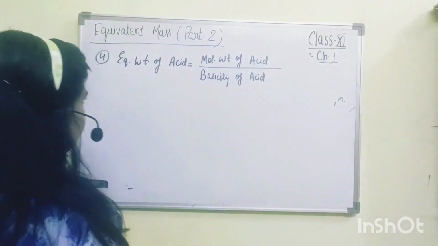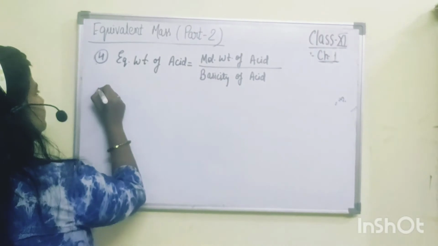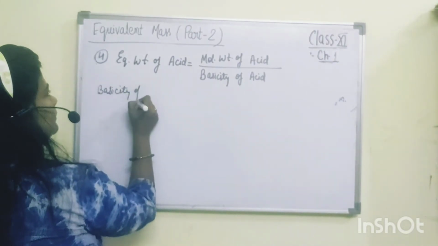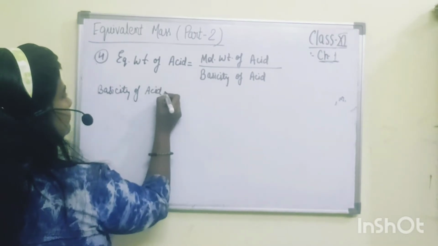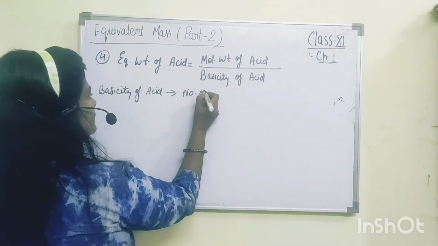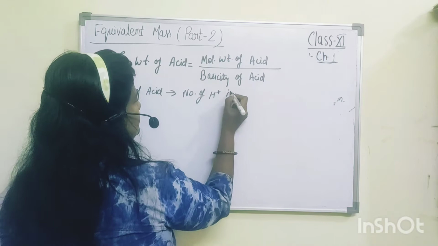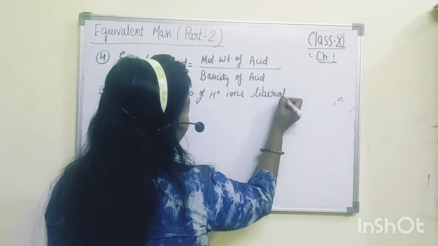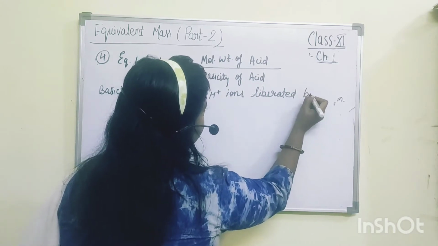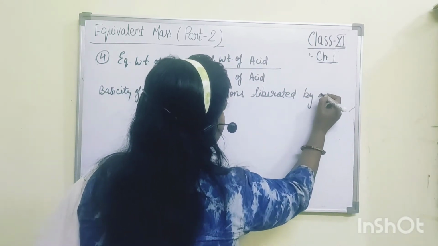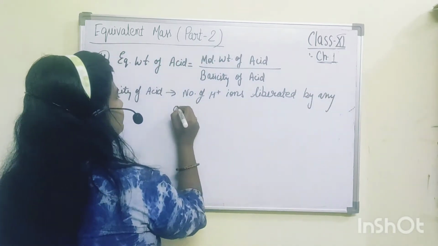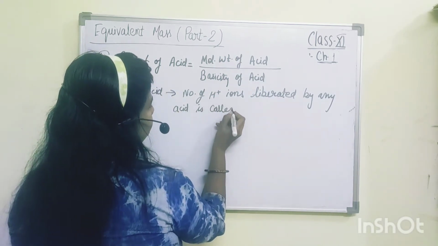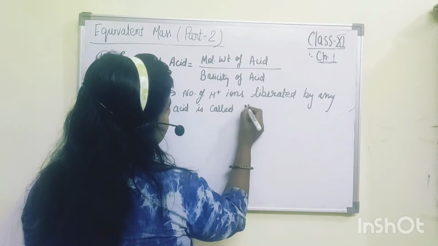The number of H plus ions liberated by any acid is called its basicity.